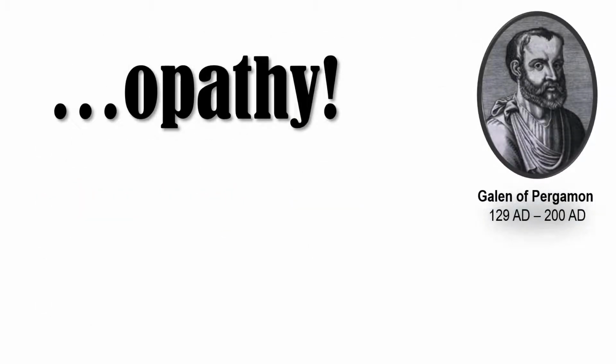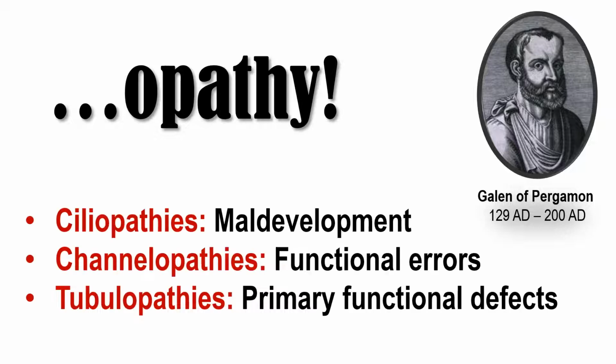Galen is the first one who used the term opathy, and it's a Greek term. It means suffering or sick, and it is used in many things in medicine as terminology. Of course, this happened about 200 years ago, and we are still using it in medicine. But in the recent decade, we have two new terms of opathies, which are ciliopathies and channelopathies.